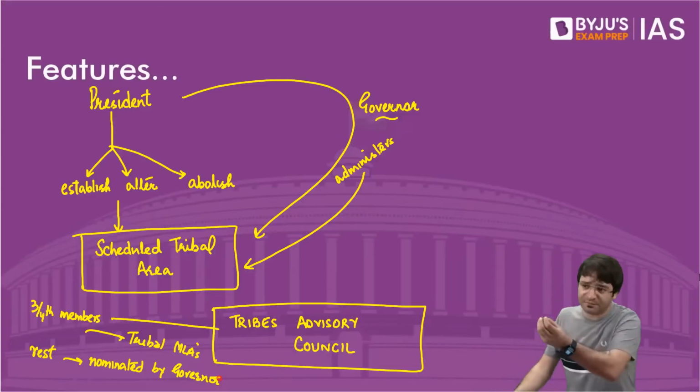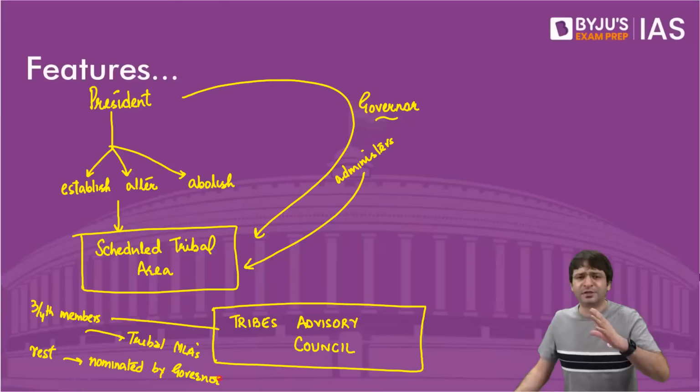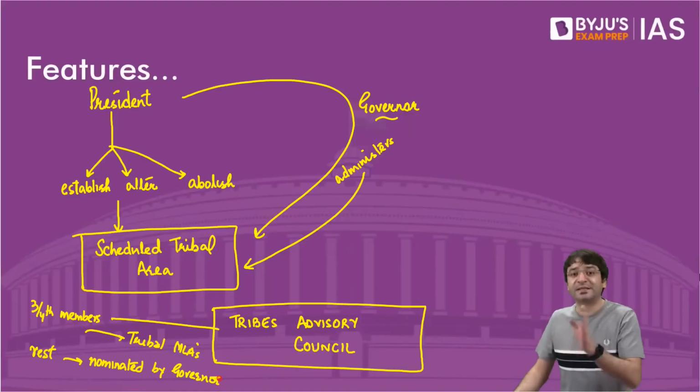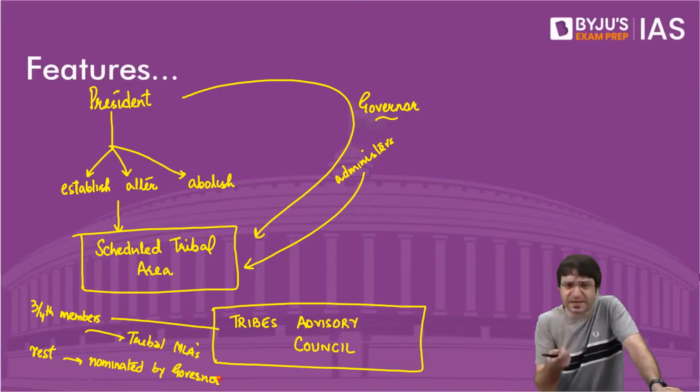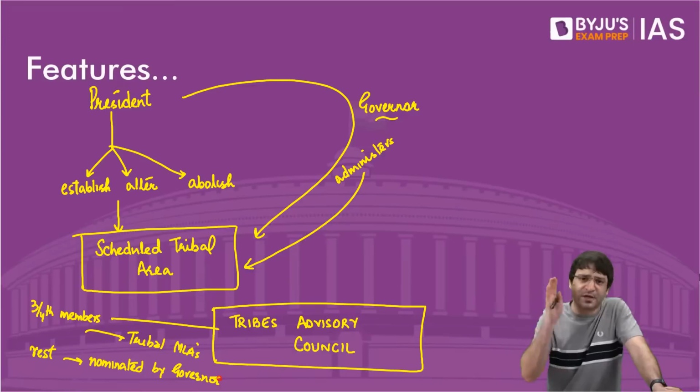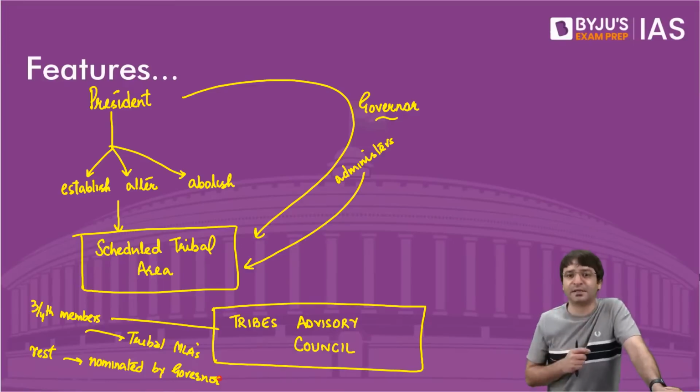What is this Tribes Advisory Council? For example, we have the state of Jharkhand. We know that in all the legislative assemblies in India, there are seats reserved for SCs and seats reserved for STs. Wherever there is an ST population, the seats are reserved for STs, the seats are reserved for SCs.